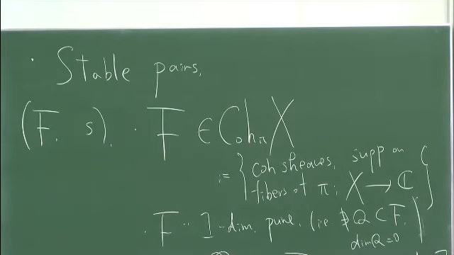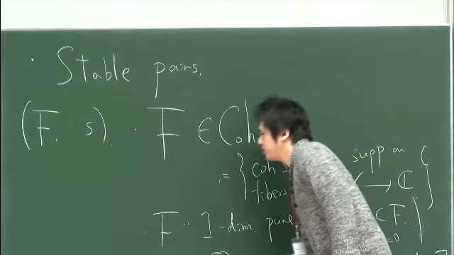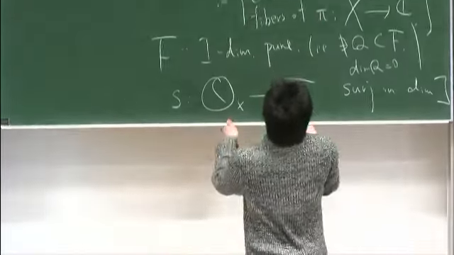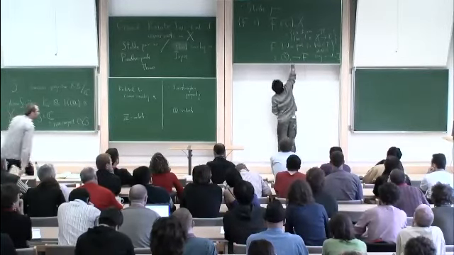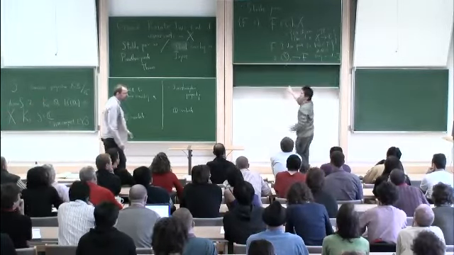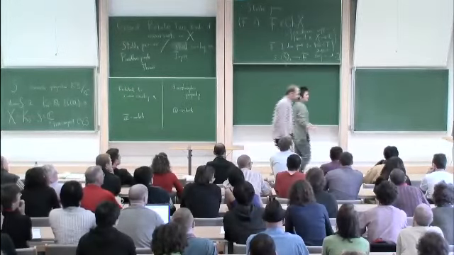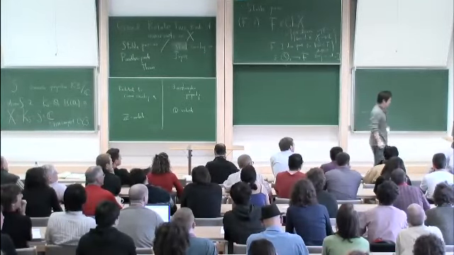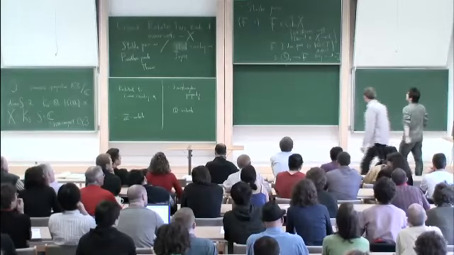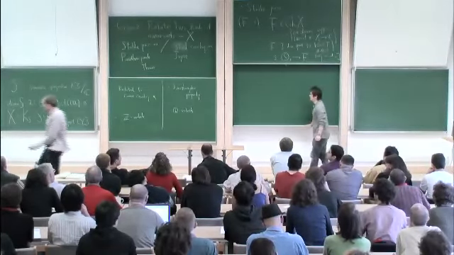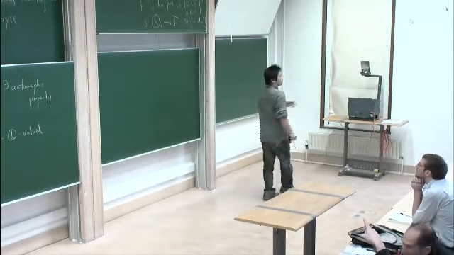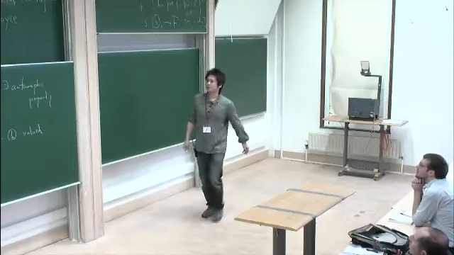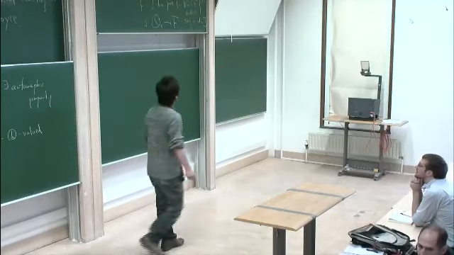This means that if you take the cokernel of this map, then it is zero-dimensional if it's non-empty. So this is roughly speaking a pair of a curve on X and a divisor on that curve.